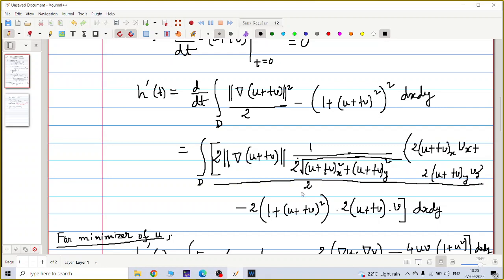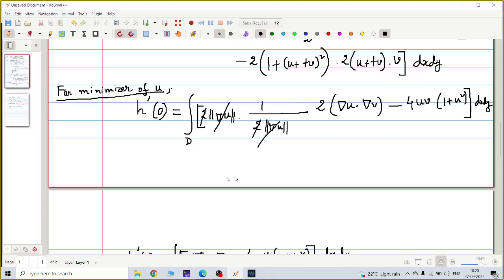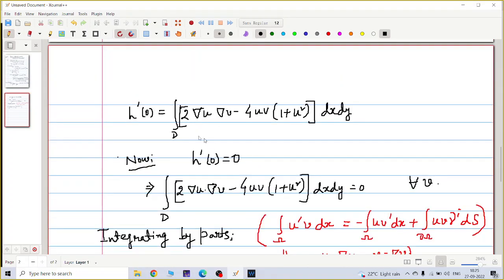So this is a bracket, so here also 1/2 is there. That means this 2 cancels out with this 2.